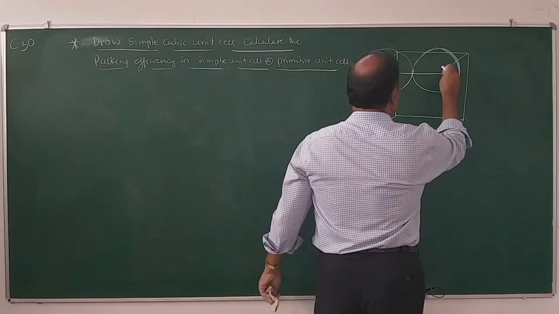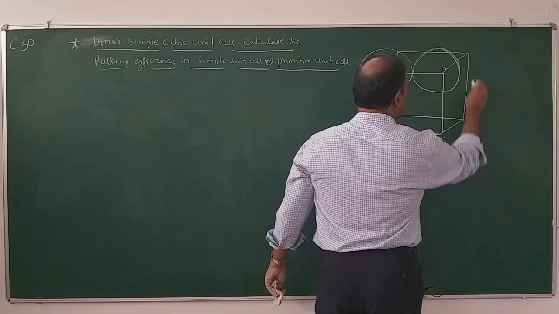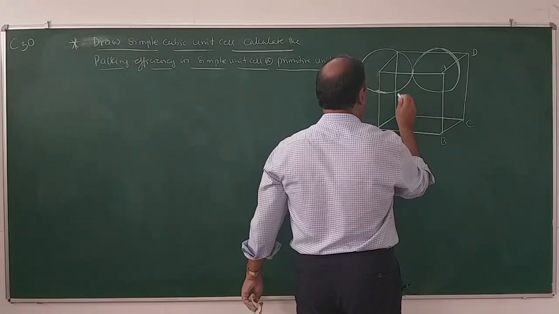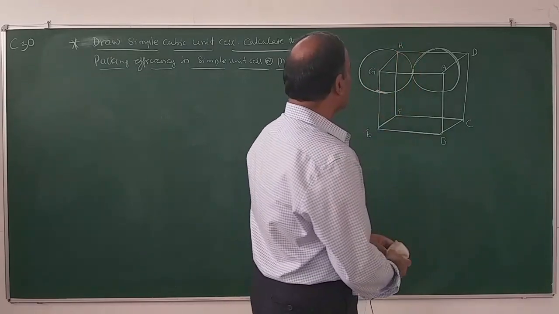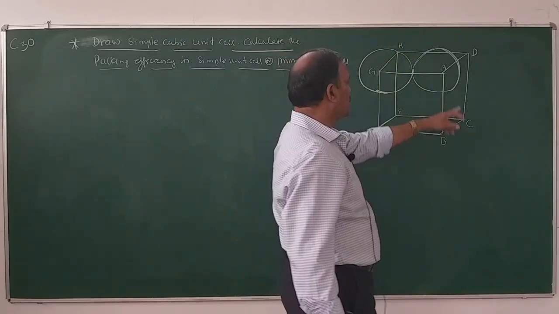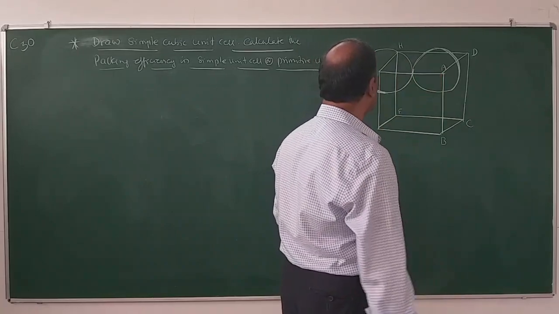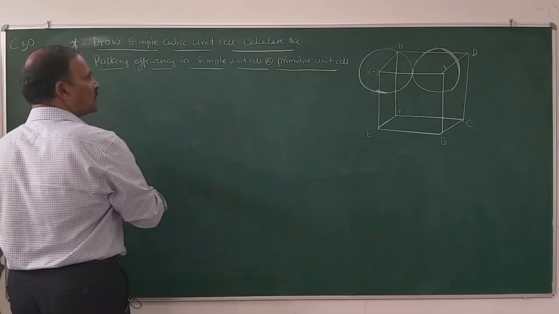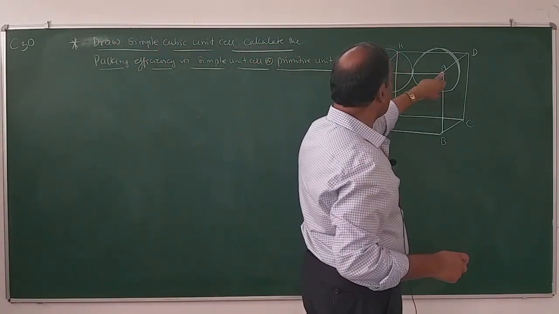Mark this as A, this one is B, C, D, E, F, G, H. So A, B, C, D are the corners of this simple cube. These are the particles which are at the corners.